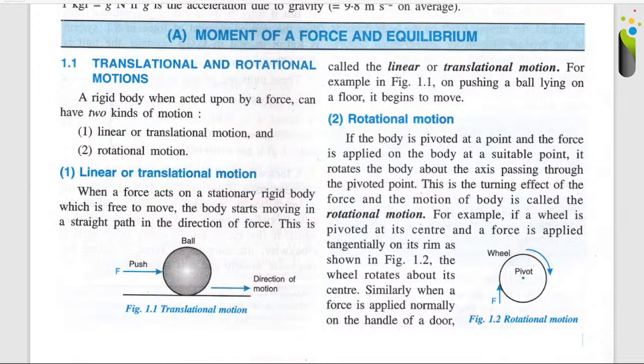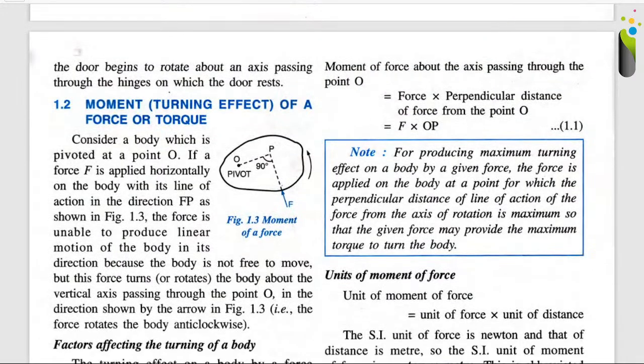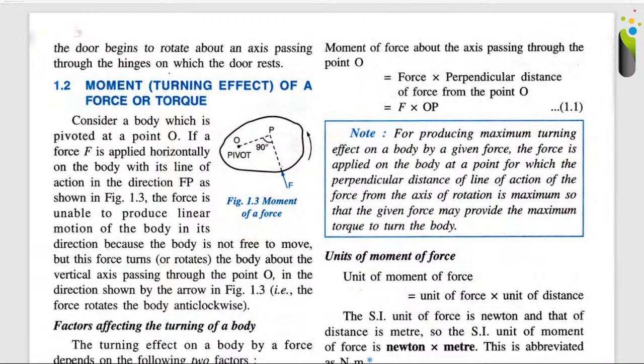For example, if a wheel is pivoted at its center and a force is applied tangentially on its rim as shown in figure 1.2, the wheel rotates about its center. Similarly, when a force is applied normally on the handle of a door, the door begins to rotate about an axis passing through the hinges on which the door rests.